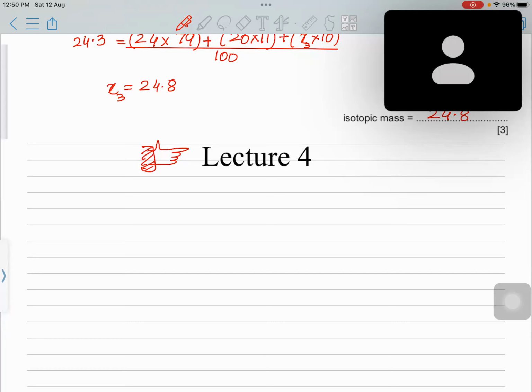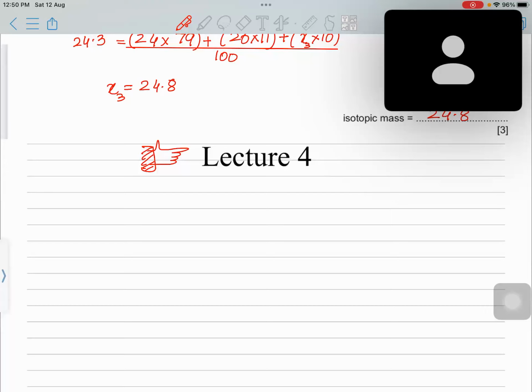Okay, very good. Relative isotopic mass: it is the mean mass of an isotope relative to the 1/12 mass of a carbon-12 atom, on a scale where the carbon exactly has 12 units.